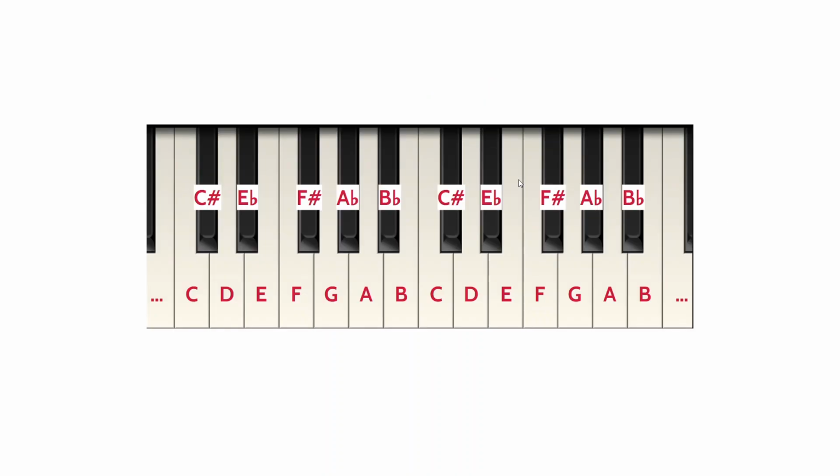And we can look at the piano to actually figure out why. Remember, we had our 2 black keys and then our 3 black keys. And between the E and the F, there is no black key. So that means that between E and F, there must only be a half step.